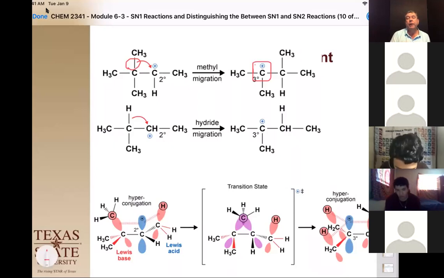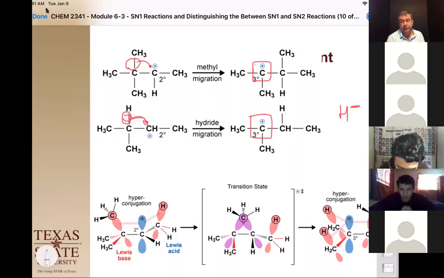But then the next one is what we call a hydride migration. The reason we call it a hydride migration, not a proton migration, is it's actually going to take the electrons with it. When we have a hydrogen with 2 electrons on it, filling that s orbital, we call that a hydride. It's a negatively charged hydrogen. So it's going to take those 2 electrons with it to shift over, in this case giving us our tertiary carbocation.